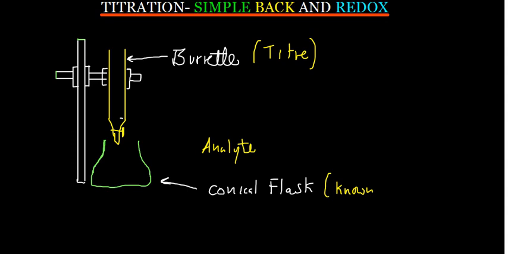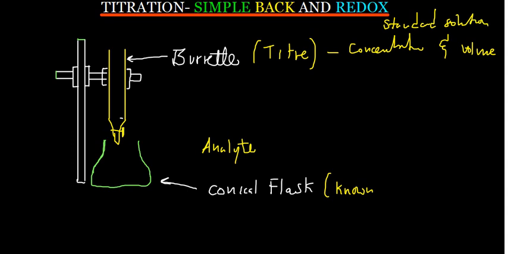A titrant is a substance or a reagent where you precisely know the concentration. Because you know the concentration, of course you put it in the burette, and you also know the volume. So you know these two things, and because of that, it is referred to as a standard solution. A standard solution is a solution whose concentration and volume is known.